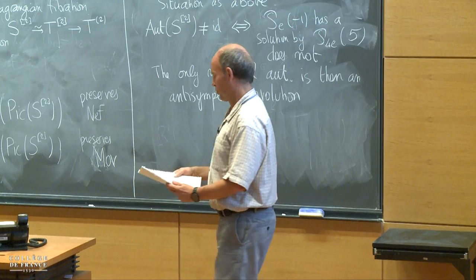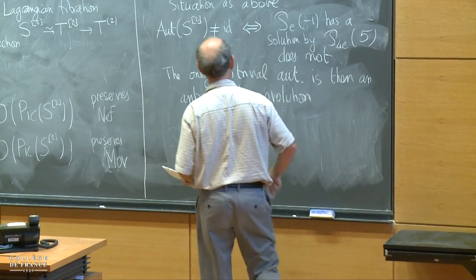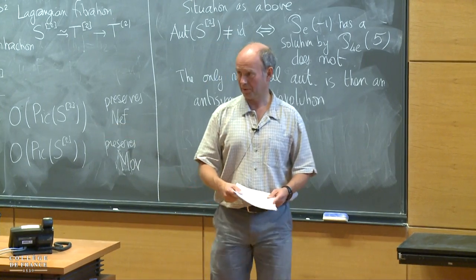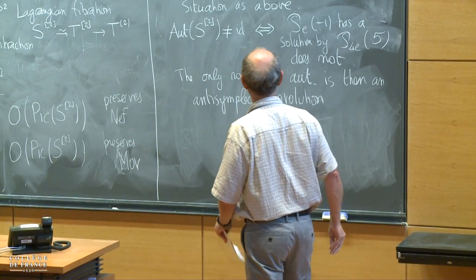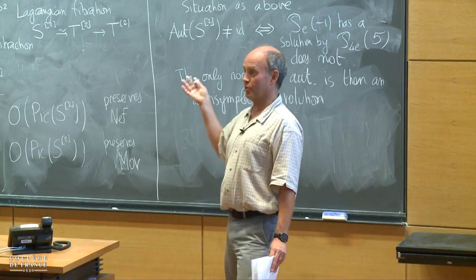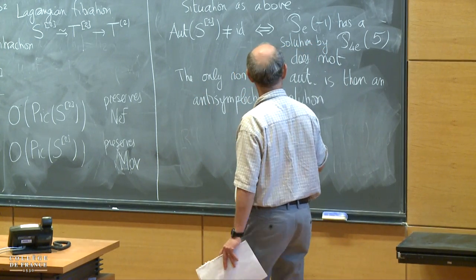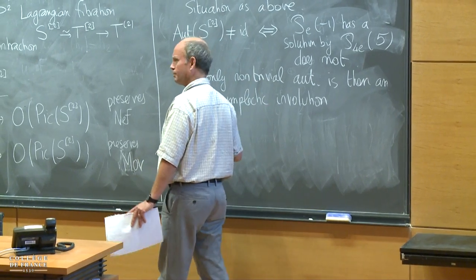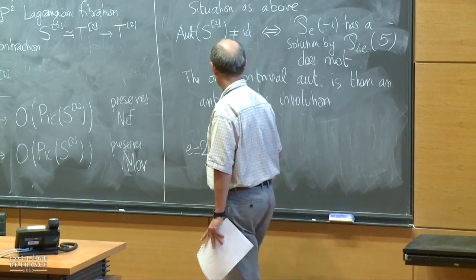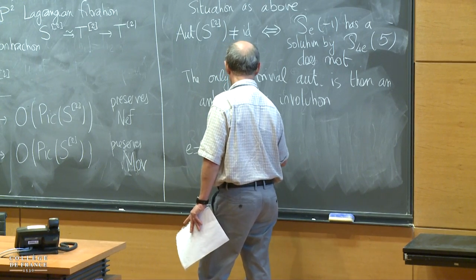And so, I mean, you can describe everything. You can describe its action on the Picard group. Okay. So in some sense, this is a generalization of my first example where E was equal to 2. So degree 4. So this is the Beauville involution.